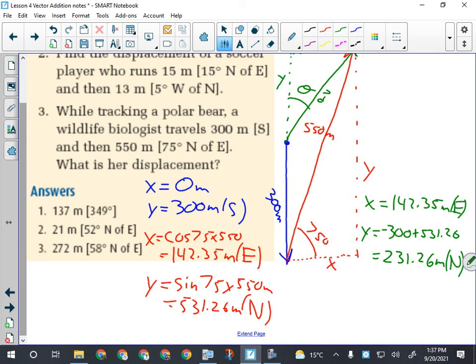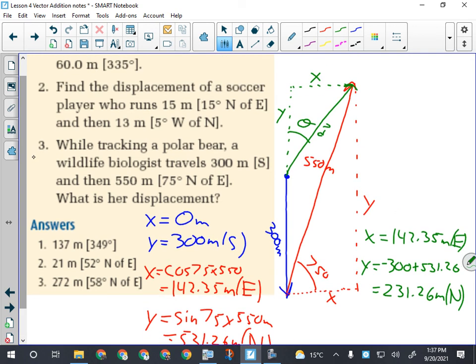Okay, everybody following me so far? Right, because I went south in the blue and north in the red, so my y component is smaller than both of them because I backtracked.